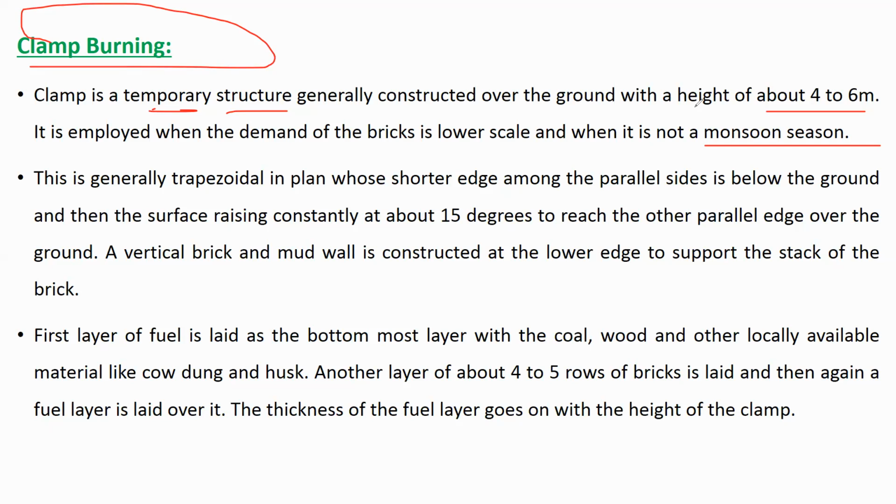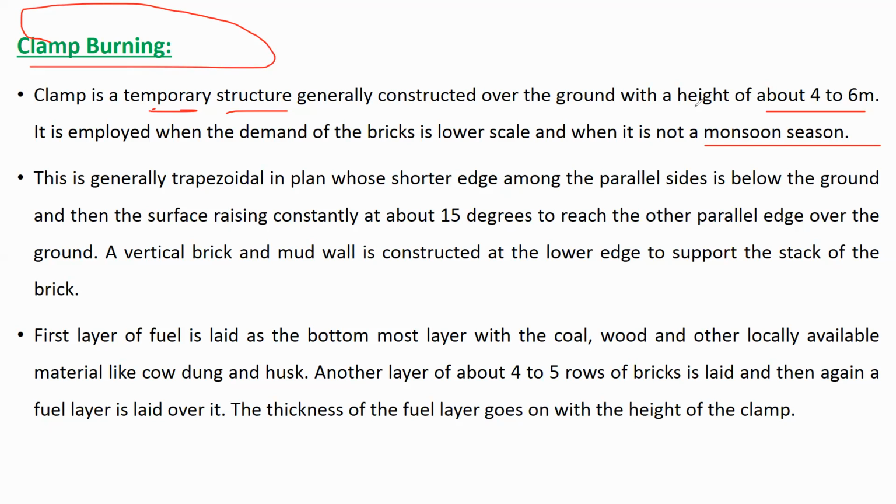This is generally trapezoidal in plan, whose shorter edge among the parallel sides is below the ground, and then the surface rises constantly at about 15 degrees to reach the parallel edge over the ground. A vertical brick and mud wall is constructed at the lower edge to support the stack of bricks.